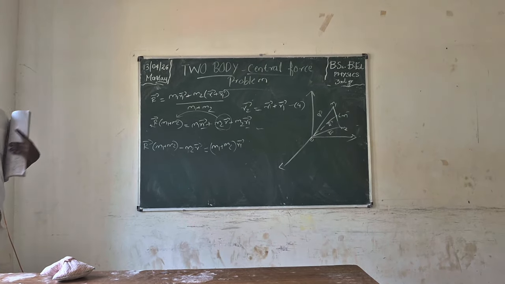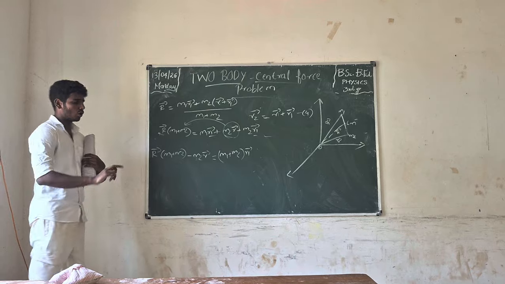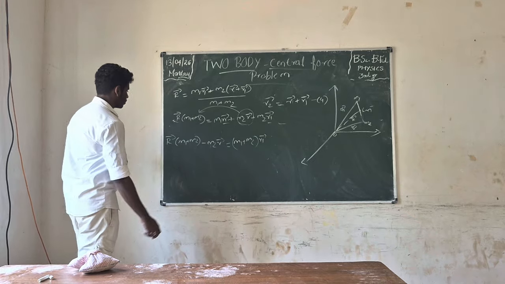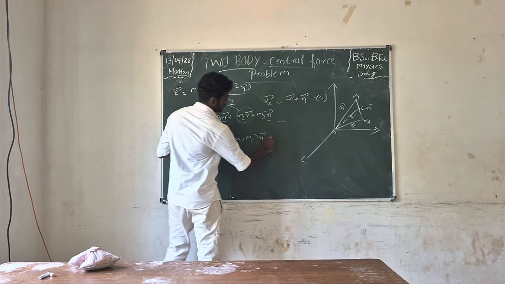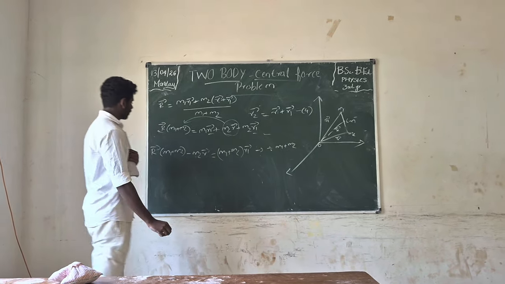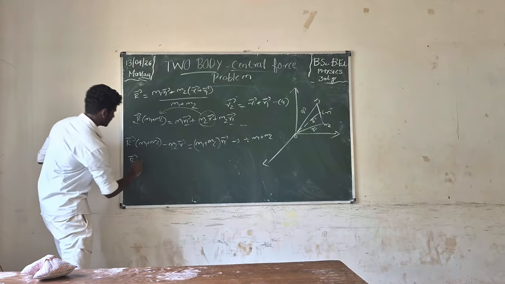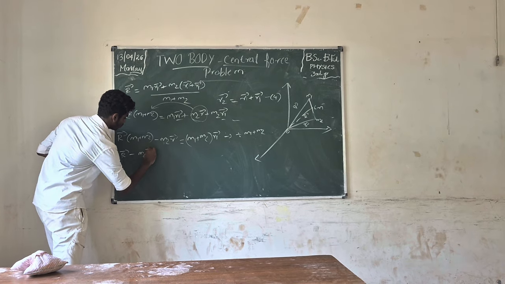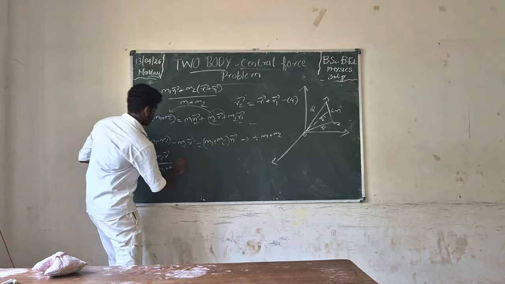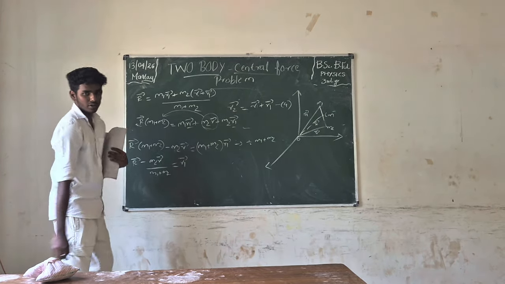If we look carefully, on both the left and right side there is one common term, m1 plus m2, so we divide the whole equation by m1 plus m2. This cancels out and it will be R minus m2 vector r divided by m1 plus m2, which will be equal to r1.